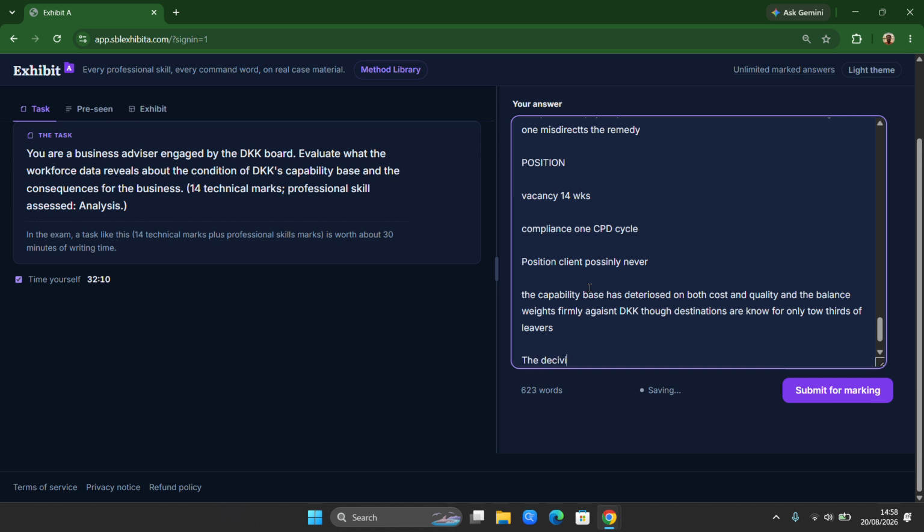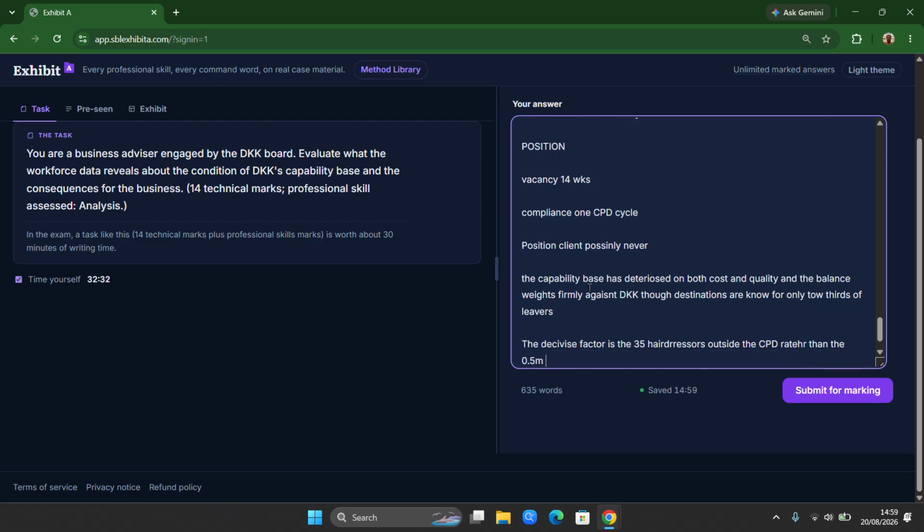The decisive factor is the 35 hairdressers outside the CPD rather than the 0.5 million, because a year's overspend is recoverable and a withdrawn rating is not.